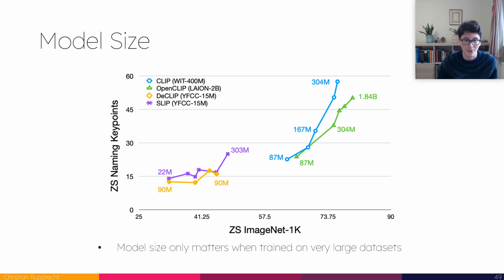So on the x-axis is ImageNet zero-shot classification score, and the y-axis is our task, whereas the big models benefit much more, or our task benefits much more from the models that have been trained on large data.